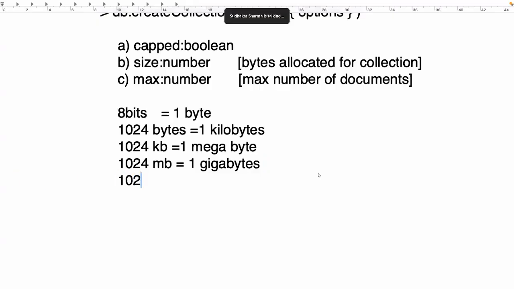And 1024 GB is equal to 1 terabyte, that is TB.